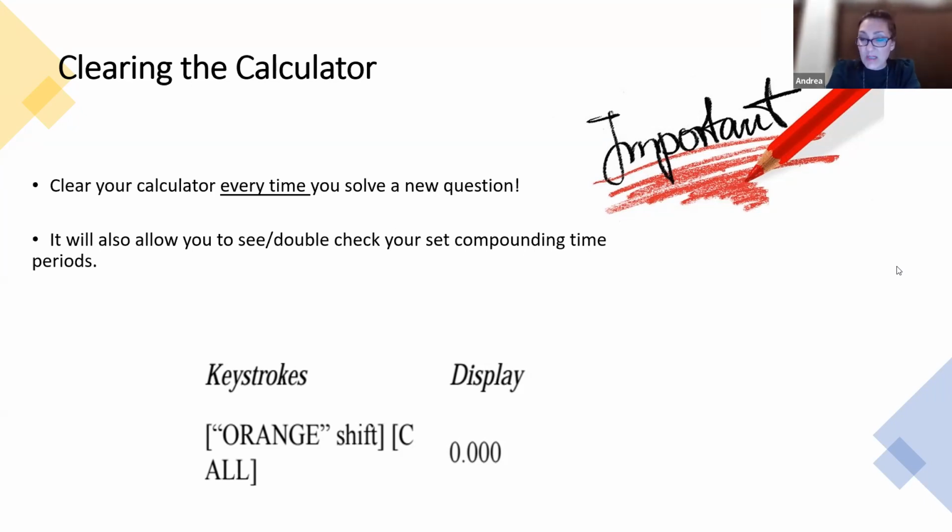What that tells me is that my calculator is currently set to 1 payment per year, which is where I want it, because that's how we're going to start with the compounding in our next section. Some of you might see something different, and that's okay, because I'm going to show you how to set it in the next steps. But make sure that you have it clear. So shift C all, and you're going to want to do that between each calculation.